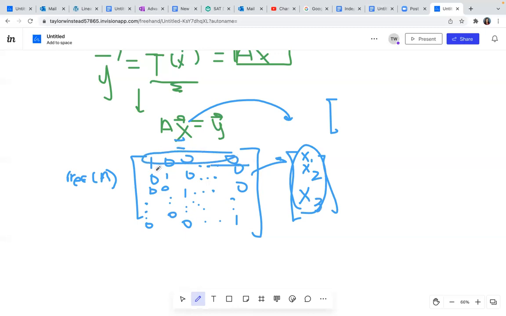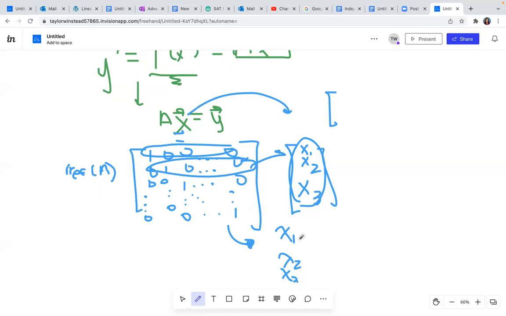If we multiply it by each row here, that means that what we get is x1, x2, x3, etc.